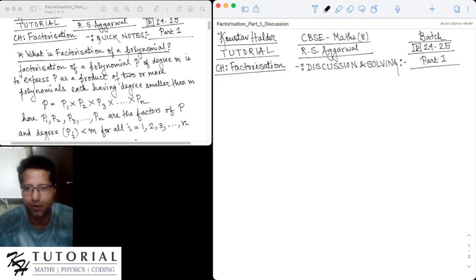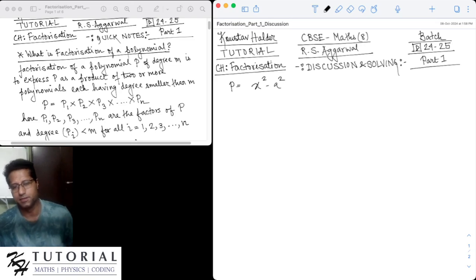Let's say P is a polynomial, and when we express the polynomial P as a product of two or more algebraic expressions, then we say that P has been factorized. I am taking an example, let's say P is the polynomial x square minus a square, where a is some constant and the variable is x.